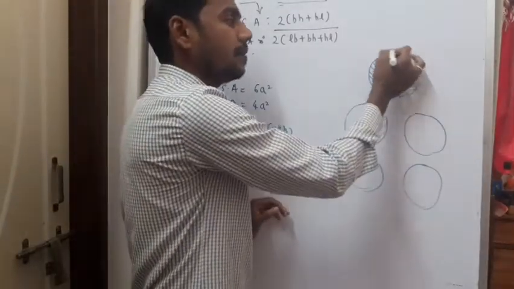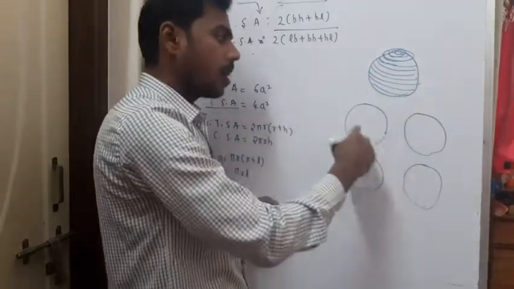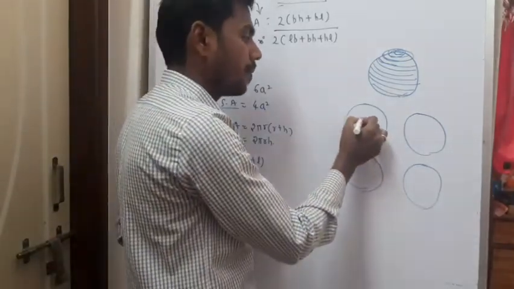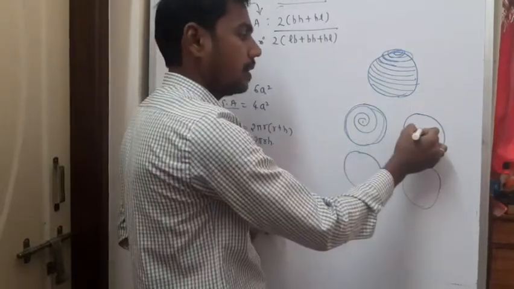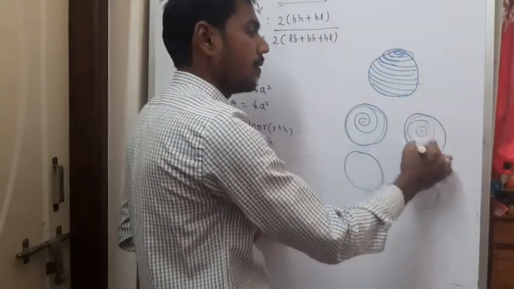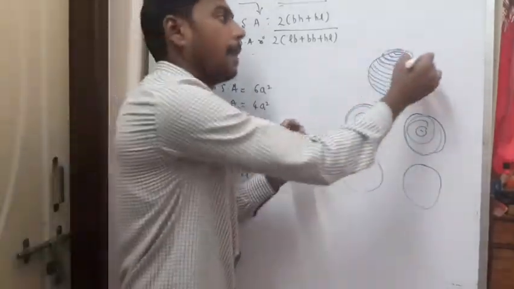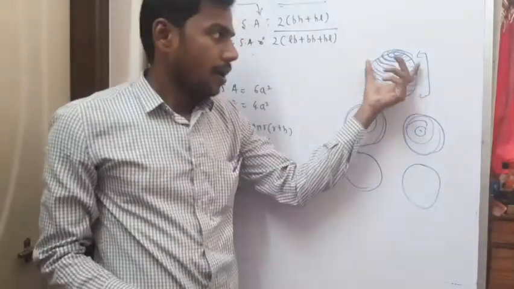Measure the radius of this particular ball, and using that radius, draw 4 circles, and try to cover these circles with that particular thread. See, it is going to show the length of the thread which covers the ball.